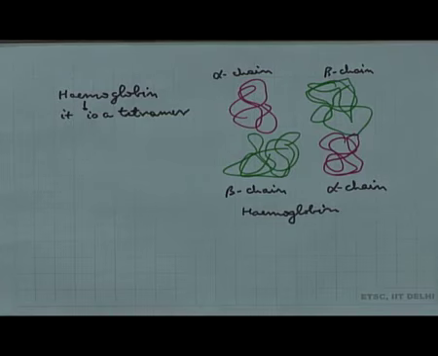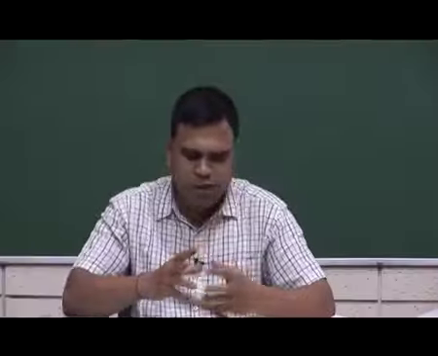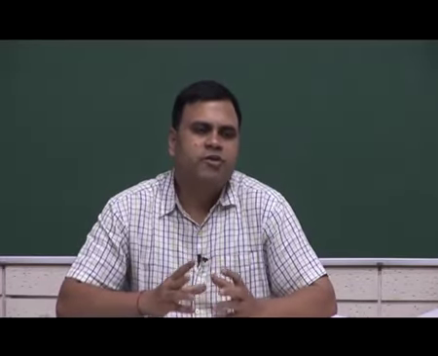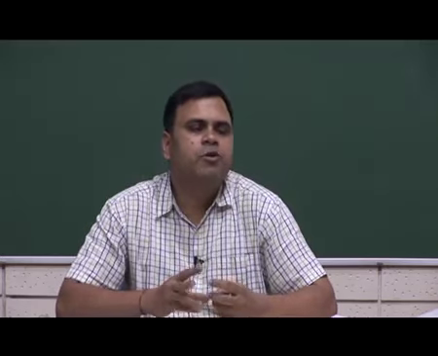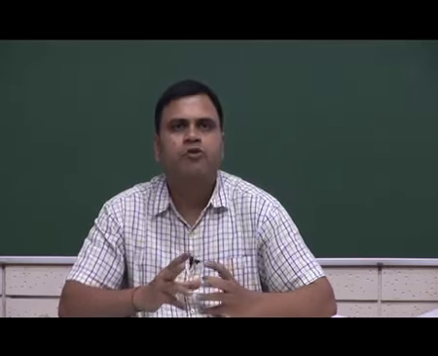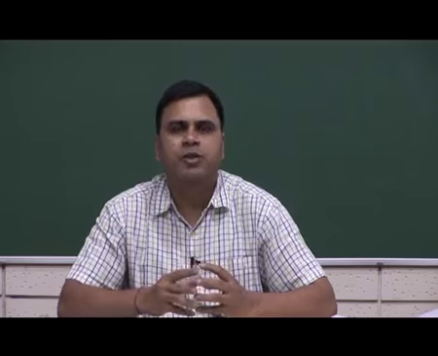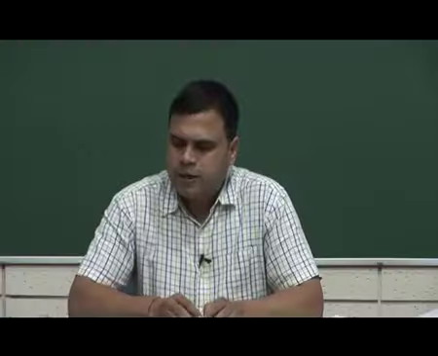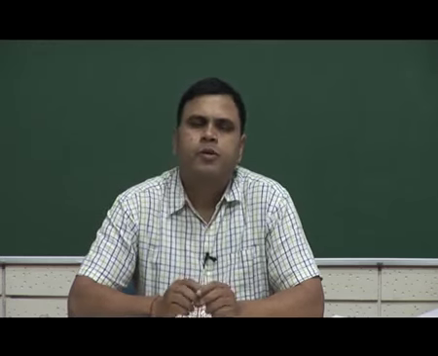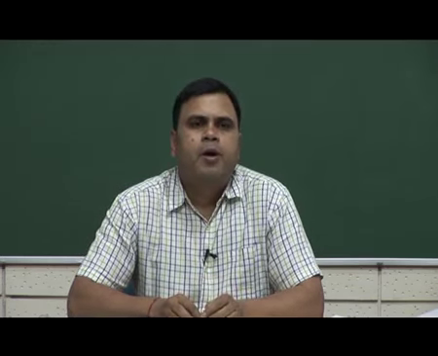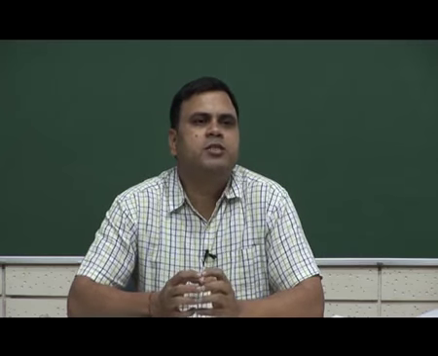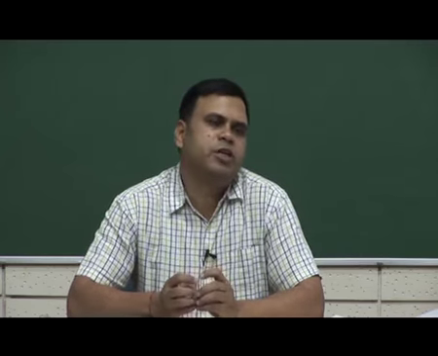The quaternary structure of a protein describes the way different subunits are arranged with respect to each other. In quaternary structure, we look at how different polypeptide chains are arranged with respect to each other.